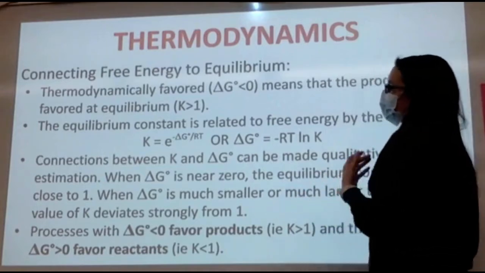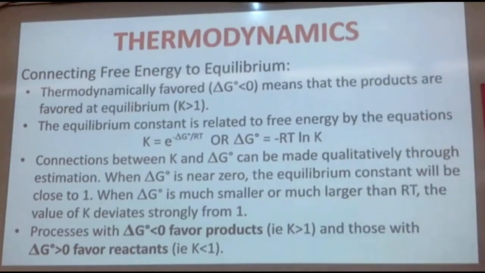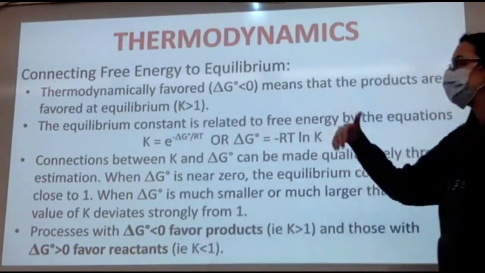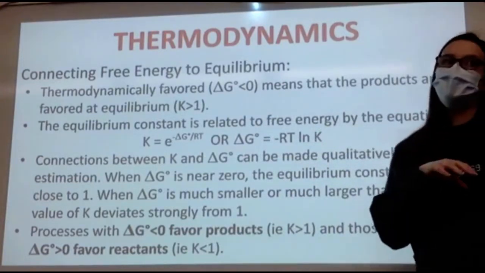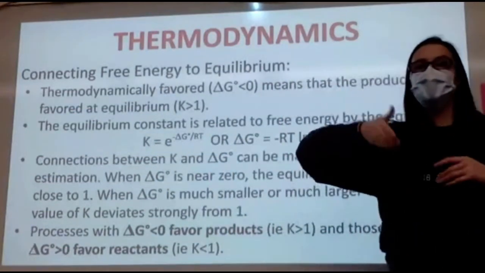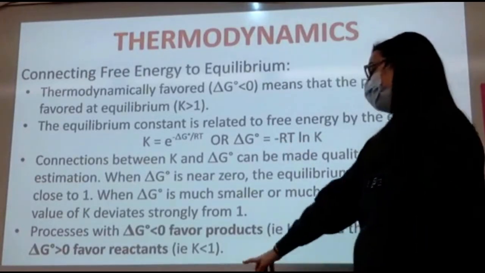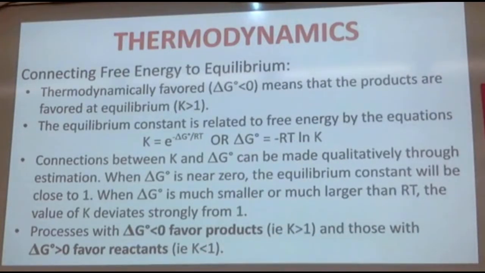Now, when we think about free energy, about delta G and K, when something is thermodynamically favored, spontaneous, that means it happens on its own and products are favored. Remember, going back to equilibrium, products are favored when K is greater than 1, because your equilibrium expression is products over reactants. And so when something happens on its own, reactants convert to products. Products are favored. If it is not spontaneous, so delta G is positive, we would say reactants are favored, because the reaction doesn't happen on its own.